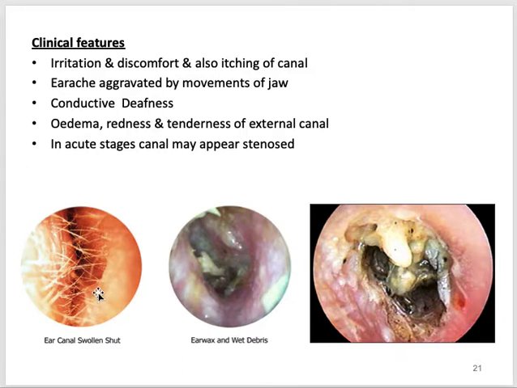And sometimes, it is due to infection of the internal auditory meatus. So you can see the clinical features. Of course, it is painful. The patient complains of pain. There could be discharge coming out from the ear.